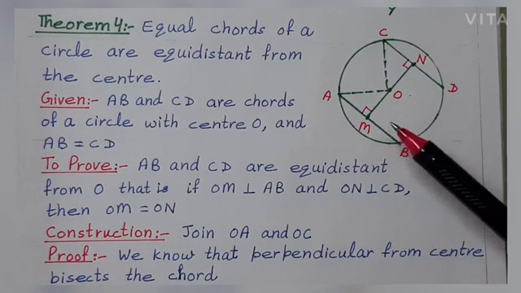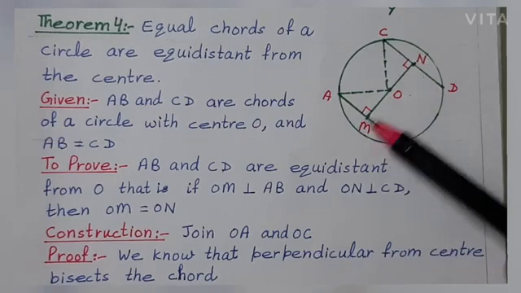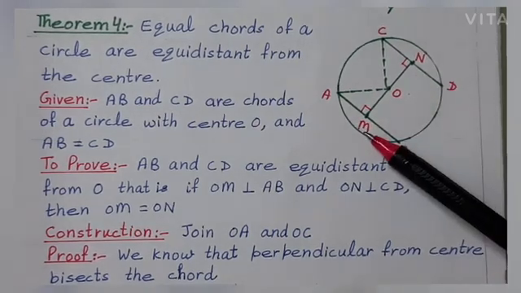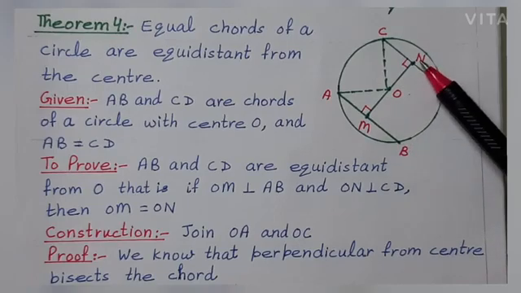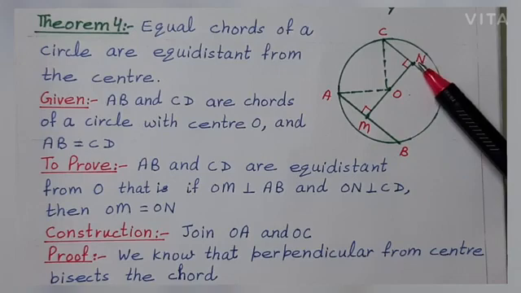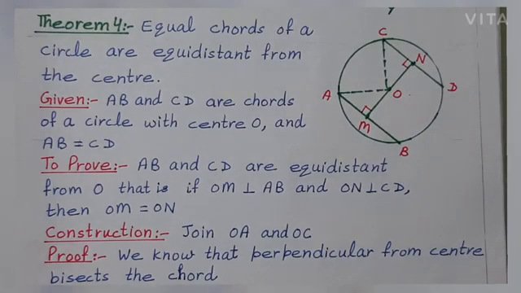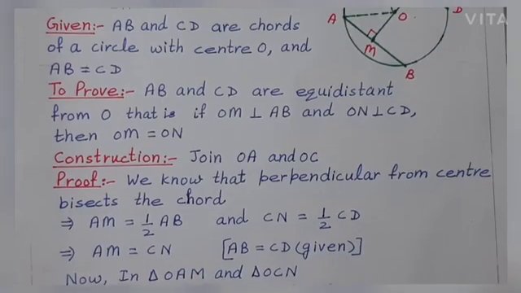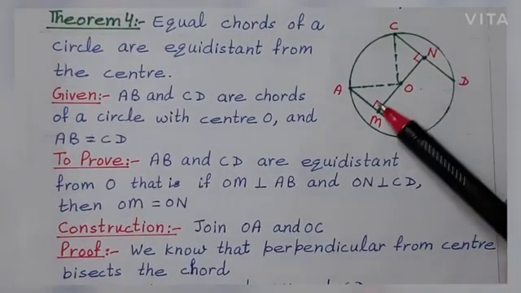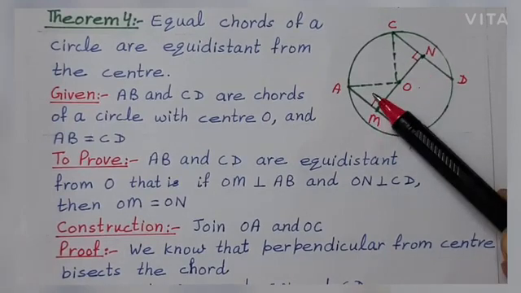Now, since AB and CD are equal, therefore half of AB and half of CD will also be equal. This means AM is equal to CN. Clear?